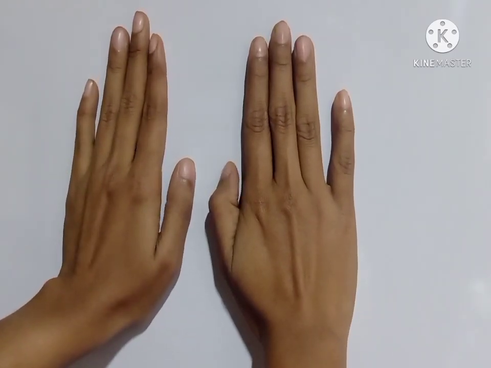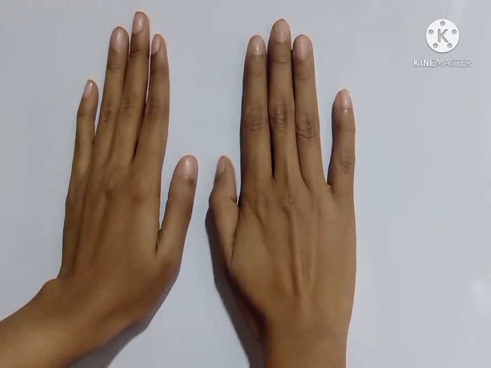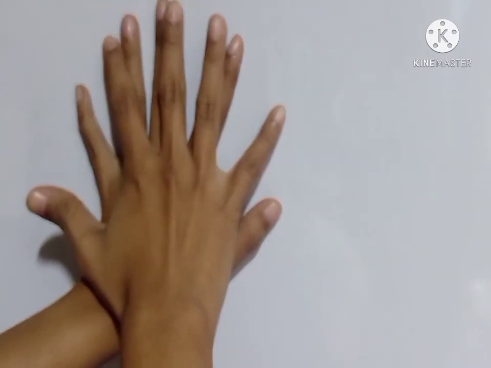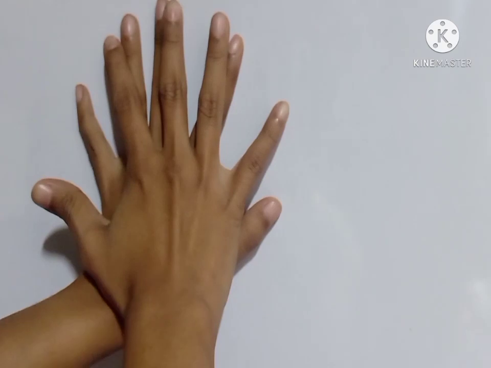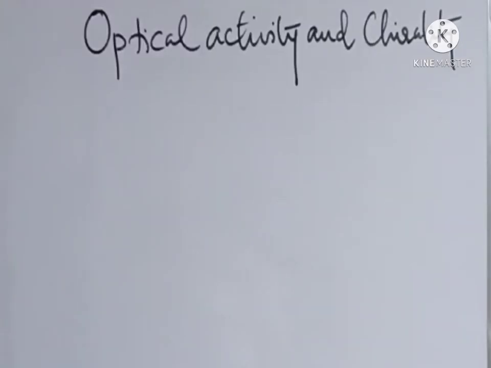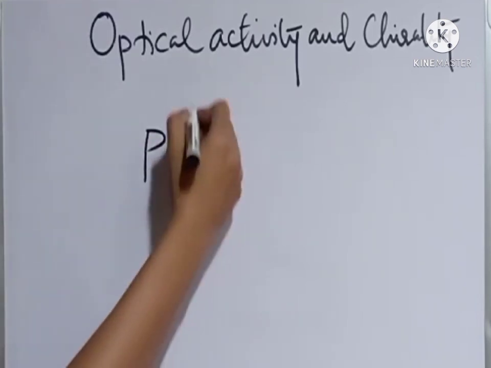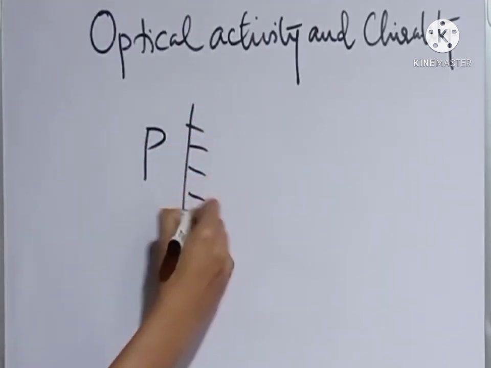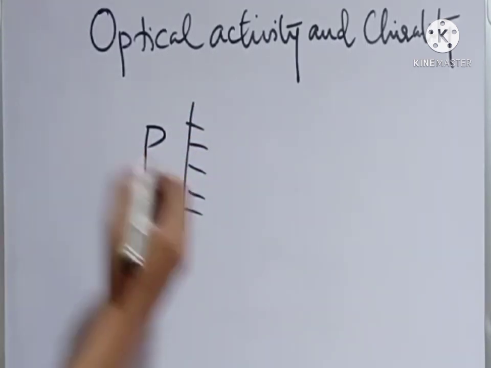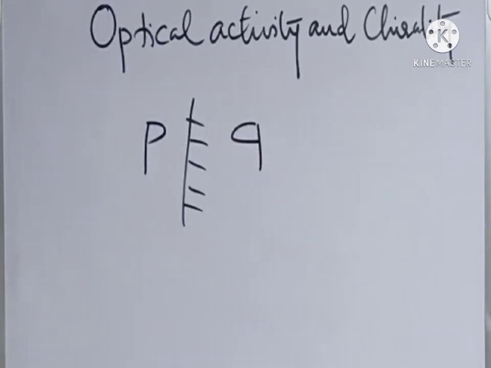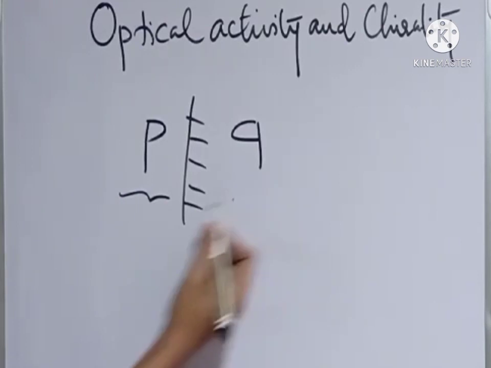Our left and right hands are examples of chiral objects. Left and right hands appear as mirror images. If we put one over another, it will not superimpose. So it is chiral. Same way, the English alphabet P and its mirror image are optical isomers and are chiral. This is the object and this is the mirror image.